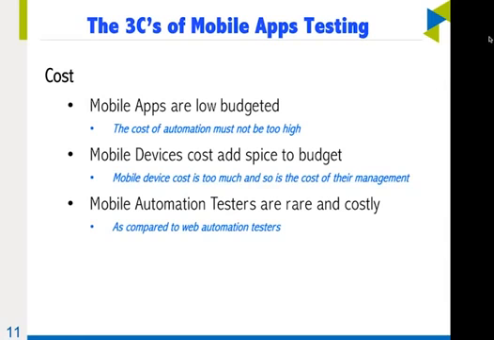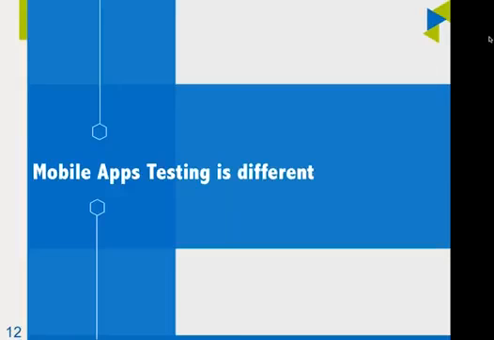Mobile automation testers are rare to find and pretty costly. They are highly paid, so the cost of automation, the cost of devices, and the cost of the automation tester all add up to a very high cost that goes beyond the budget, and hence at times we don't get approvals for automation budgets.